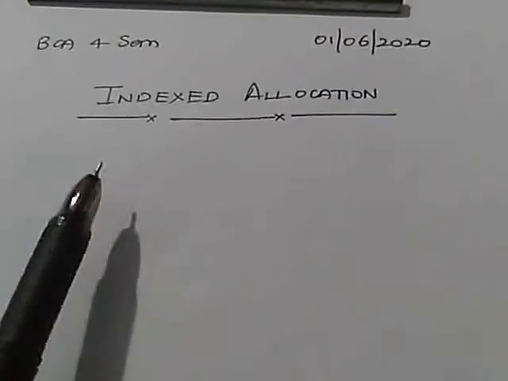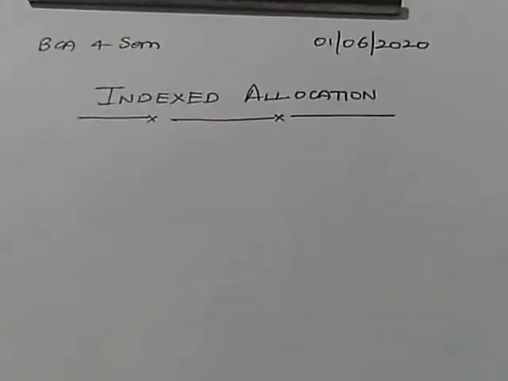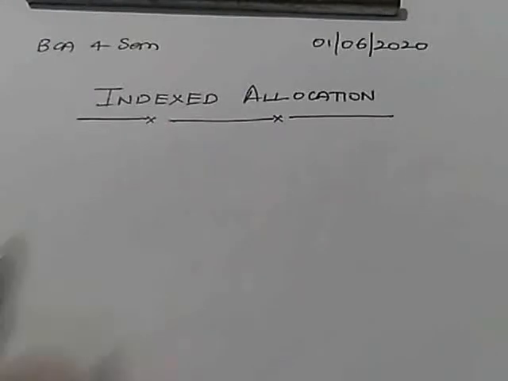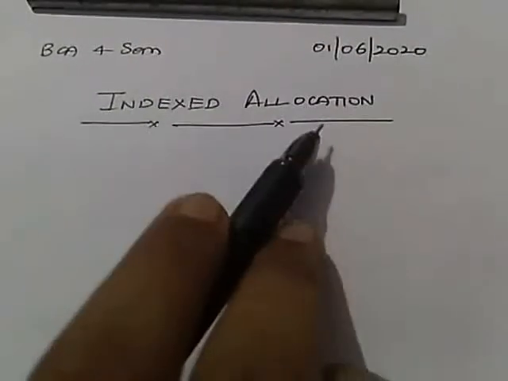In the previous lecture, we discussed the FAT, that is, the file allocation table method of allocation. Today we will discuss indexed allocation.